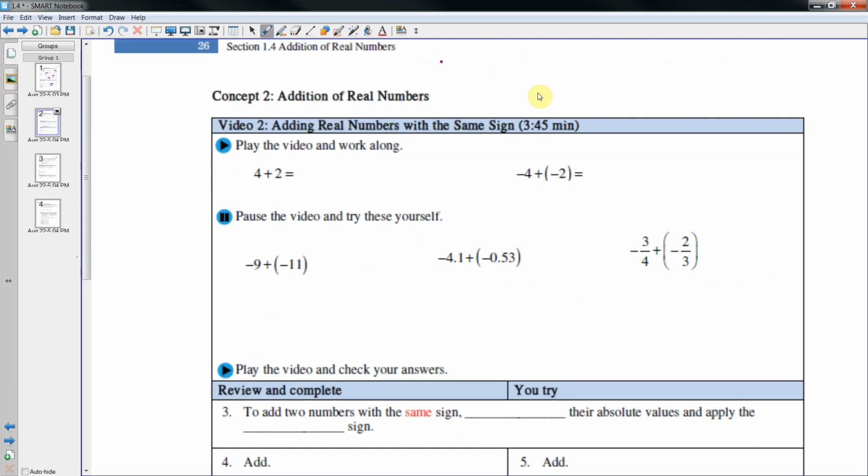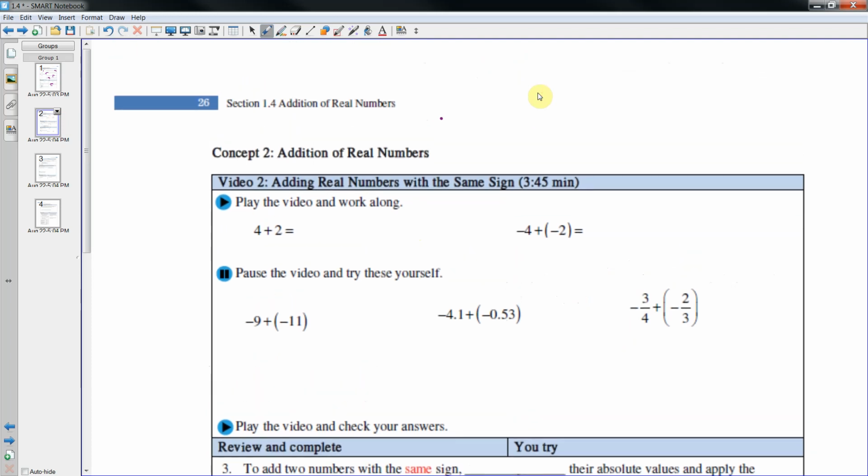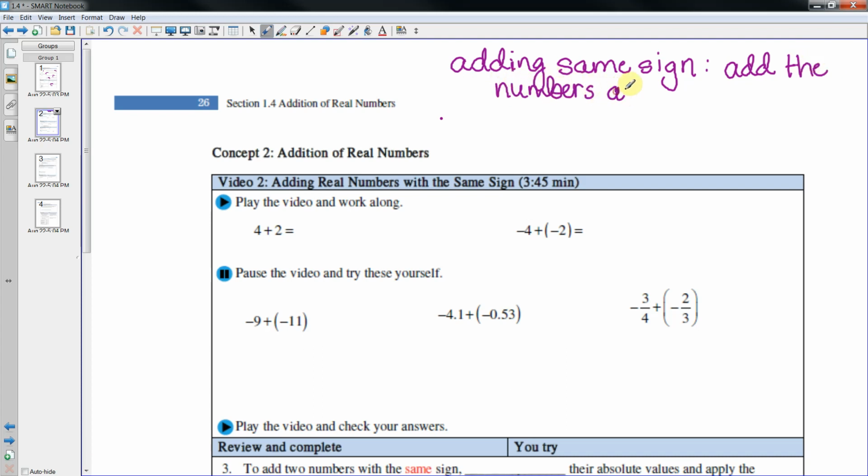Let's talk about the rules. And so I'm not going to use a number line on these. I'm going to write down a couple of rules. If you're adding the same sign, so that means if I'm adding 2 negatives or 2 positives, we're going to add the numbers and keep the sign. You'll see what that means when we do some examples.